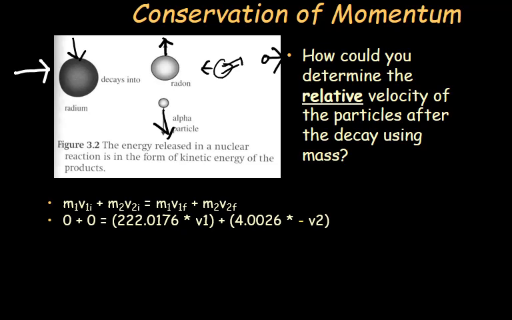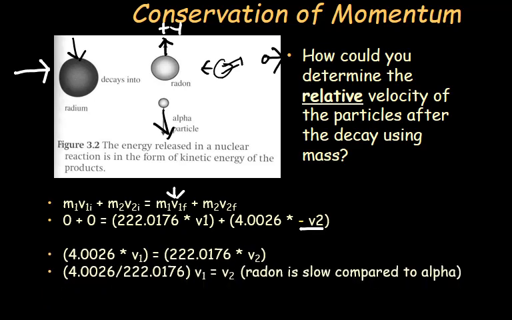When it shoots out the alpha particle, we have our values here, mass 1, v1, and if we say that's going up the page to the positive y, then we've got that. And then the other particle has some negative velocity, and we can do that. So if we set up a ratio, we can add this to the other side.